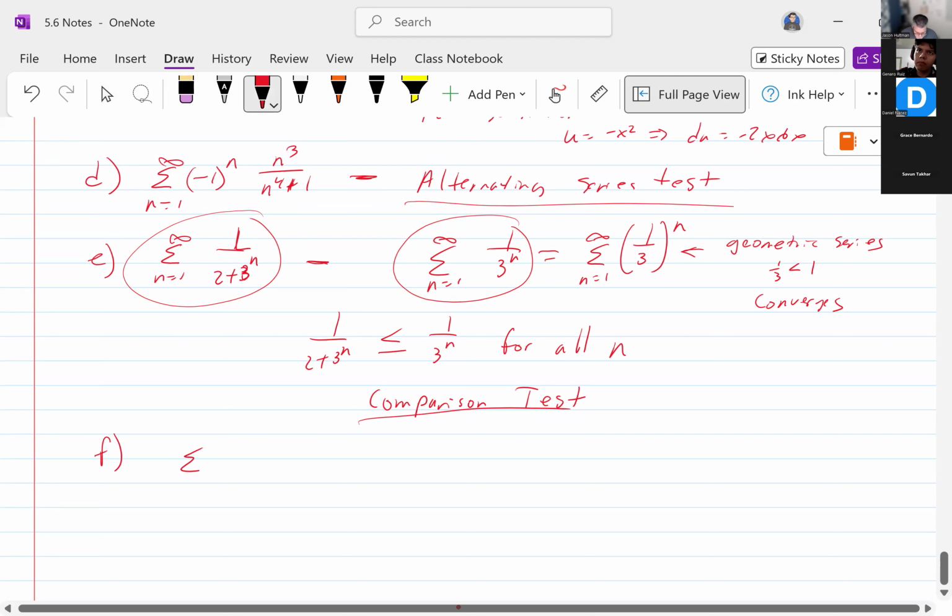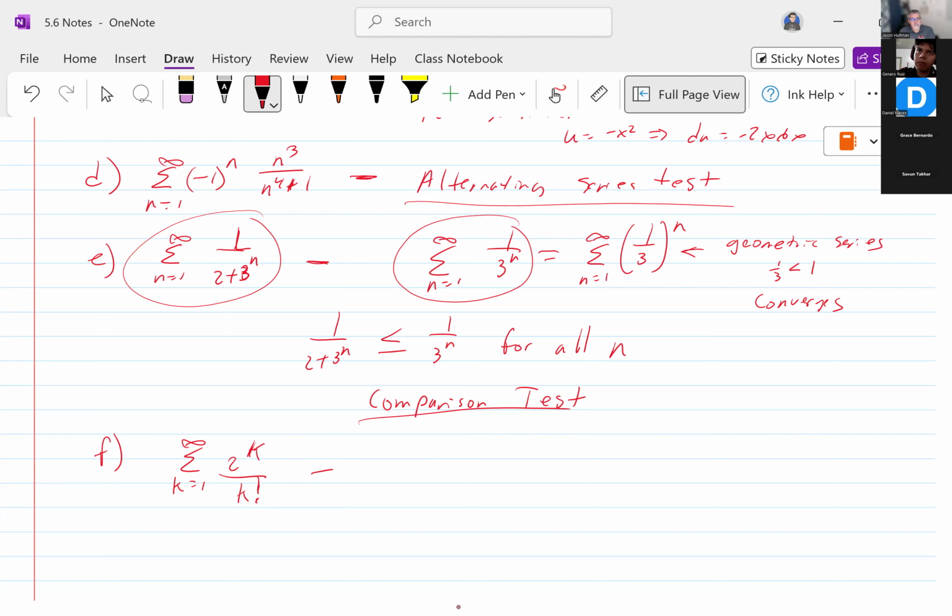Okay, let's try one last one here. If we have the summation of k equals 1 to infinity of 2 to the k over k factorial, let's do k in this case. What's kind of my go-to on this one? Okay, what does this have in it that should scream to you what test I'm going to use?